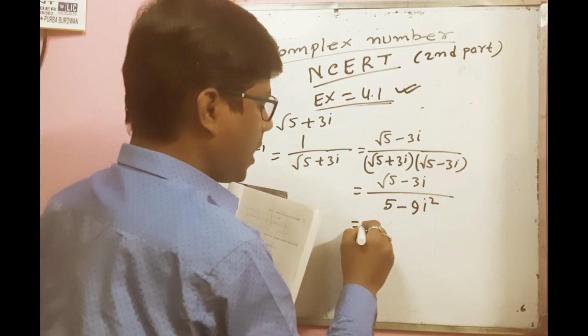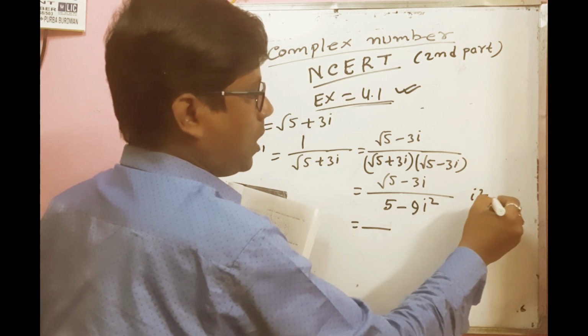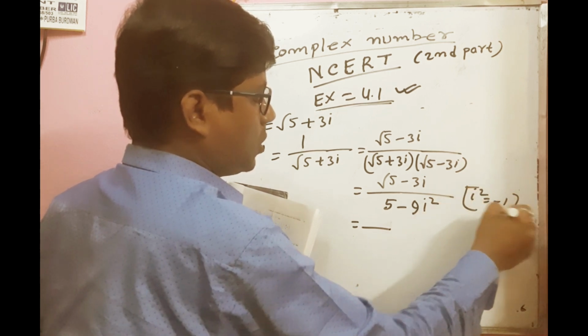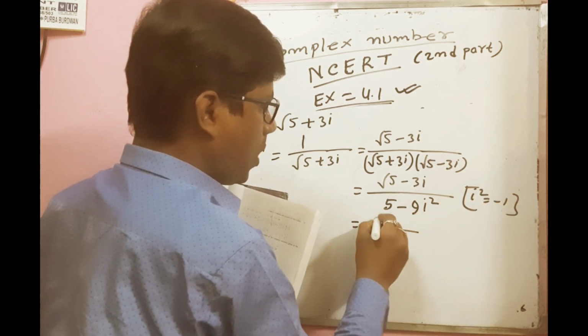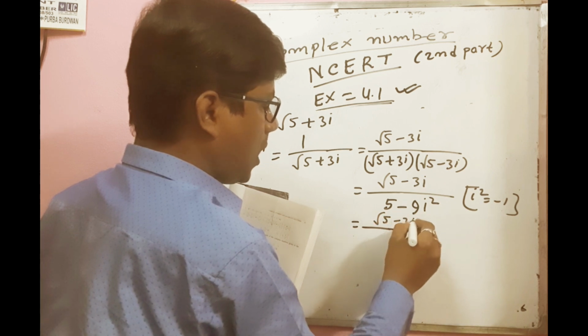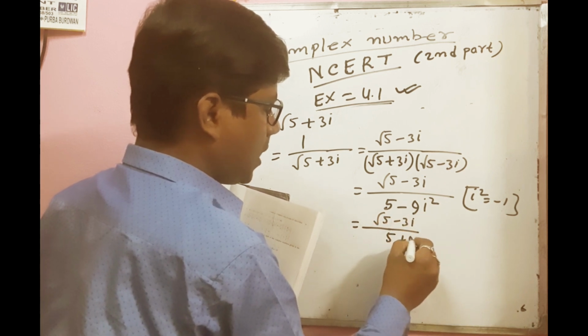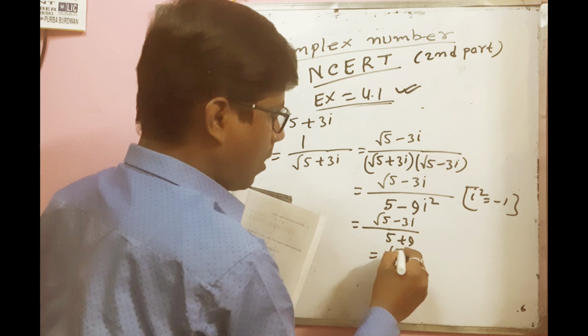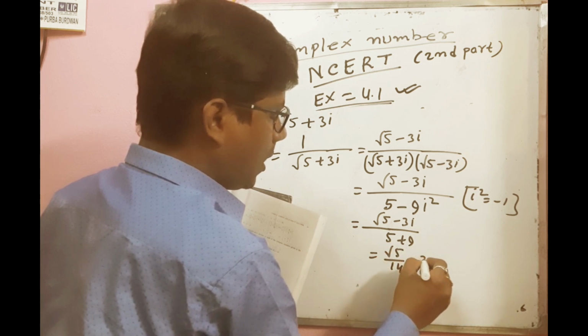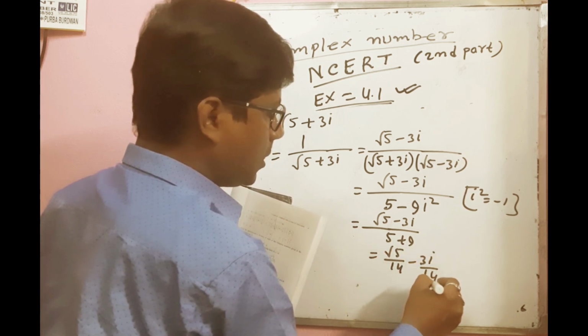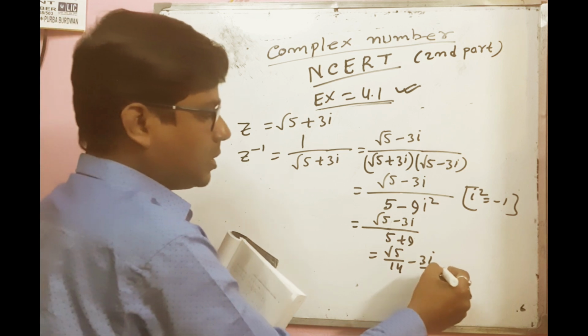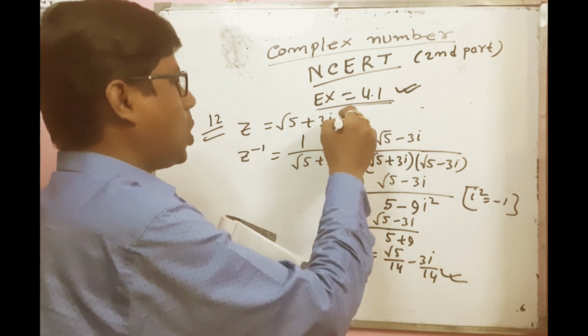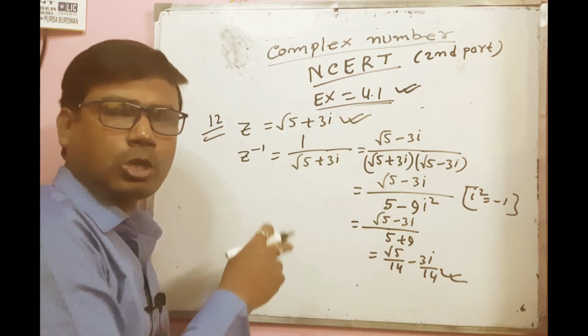And we know that i square is equal to minus 1, then we get root 5 minus 3i over 5 plus 9, that is root 5 by 14 minus 3i by 14. So this is the multiplicative inverse of this one. This is the completion of 12.